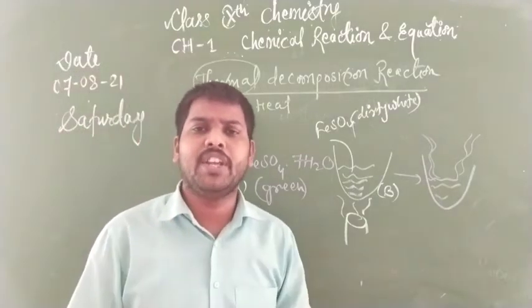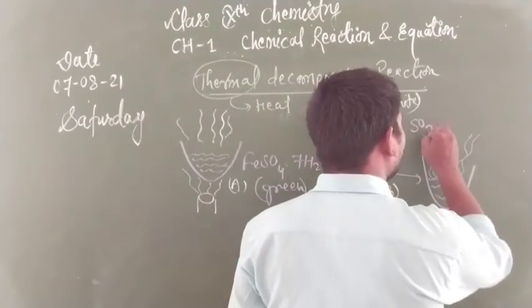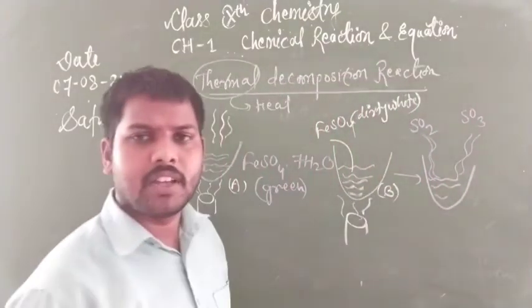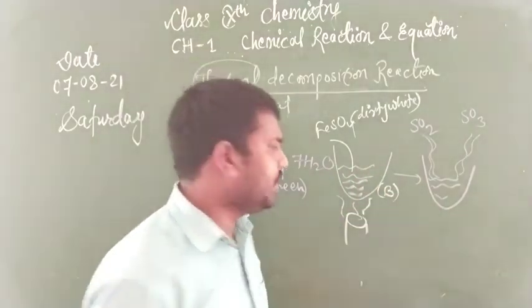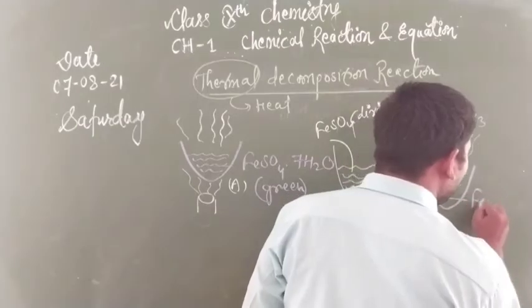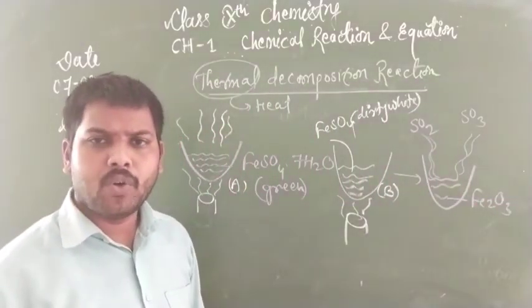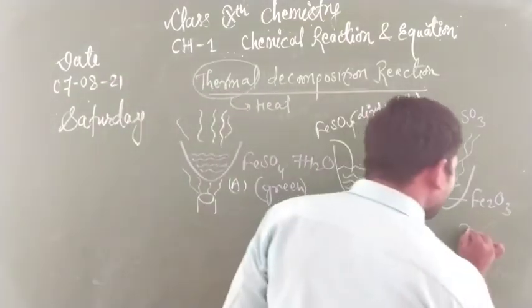Two gases will evolve from this China dish. The one gas is sulfur dioxide and the second gas is sulfur trioxide. And the remaining compound will be Fe2O3, ferric oxide. And now the color of this ferric oxide becomes reddish brown.